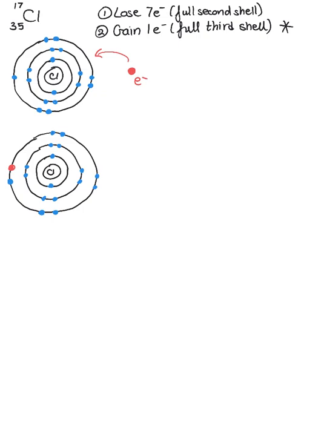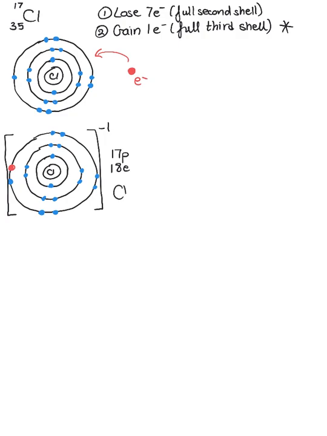Let's see if it's neutral. Well, we know that it has 17 protons, but now instead of 17 electrons, it has 18 electrons. So 17 positive, 18 negative, because electrons are negative, we now have a net negative 1 charge.